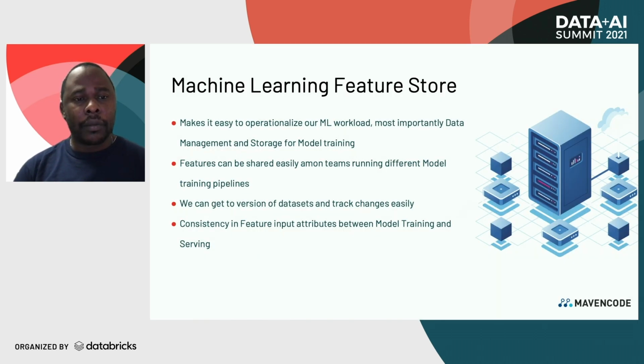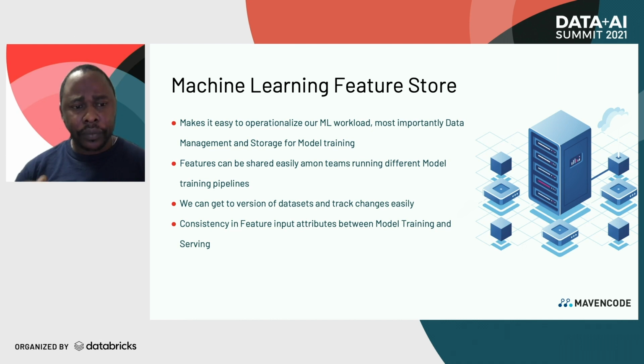So the advantages of having a feature store for us include that it makes it easy to operationalize our ML workflow. Most importantly, the data management and storage of the data for our models. Features can be shared easily among teams running different models and pipelines, and we get to version our data sets and track changes easily.